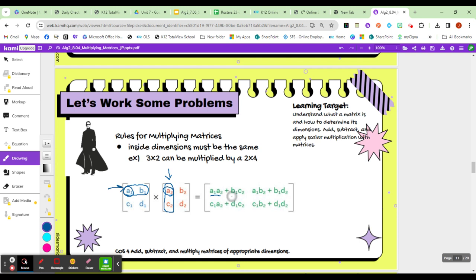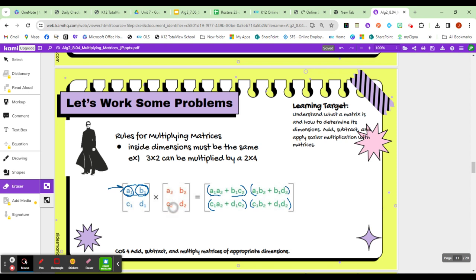And then you're going to do B1 times C2. And then you'll combine those. So a lot of times I'll put parentheses around here. And then you'll take this first row again and multiply that times the second column.